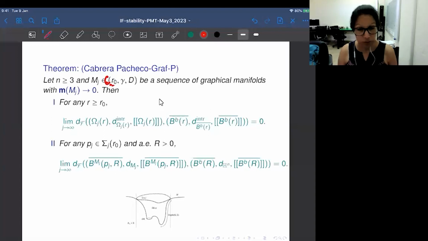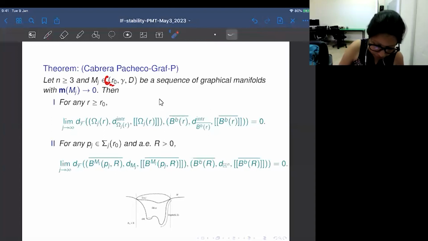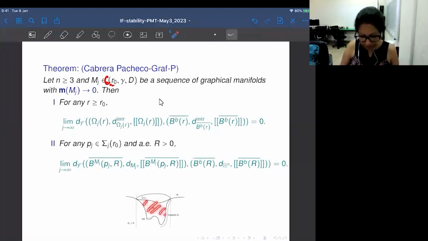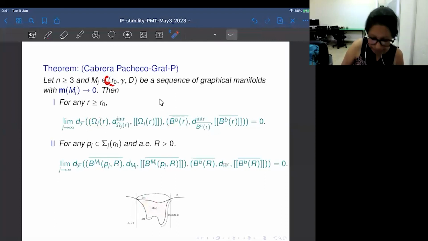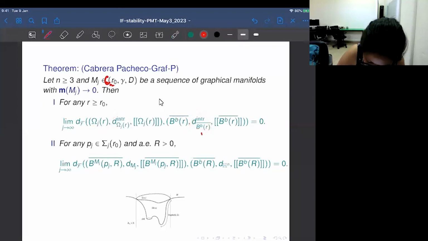Then first we want to show that the omega regions, which remember are these ones, the graph intersected with this infinite cylinder, converge to the hyperbolic ball. Here I'm using, as was noticed, the intrinsic distance of these regions and of the ball. Though this ball is convex, so it's actually equal to DHN.